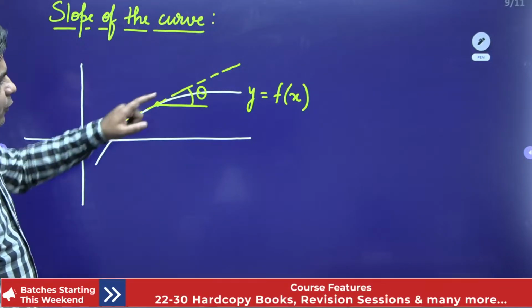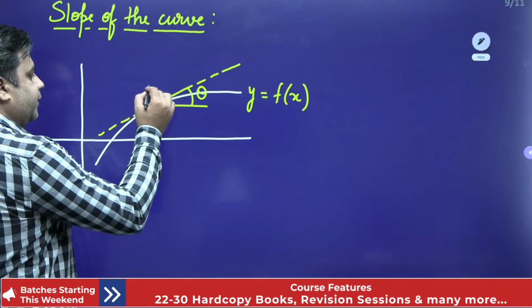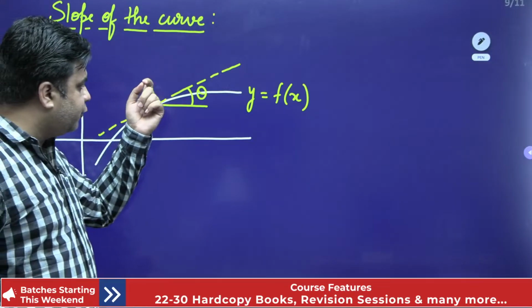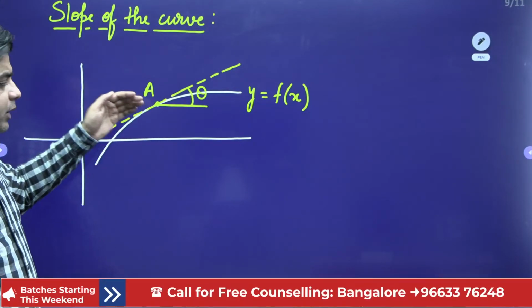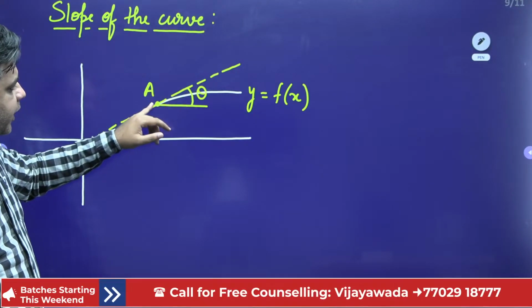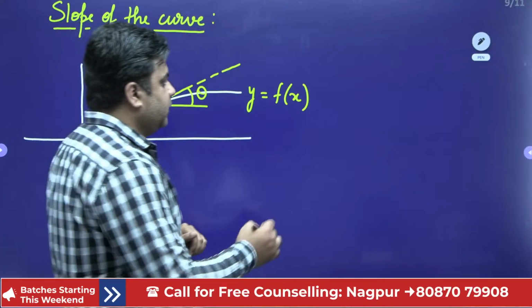So tan of this theta will be the slope at this point A. The slope of the function at point A is nothing but tan of the angle theta made by the tangent at point A, and this theta is measured from the horizontal axis.